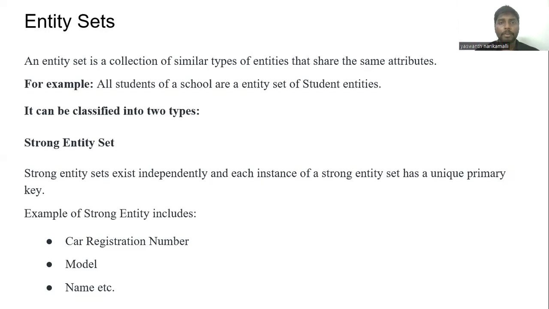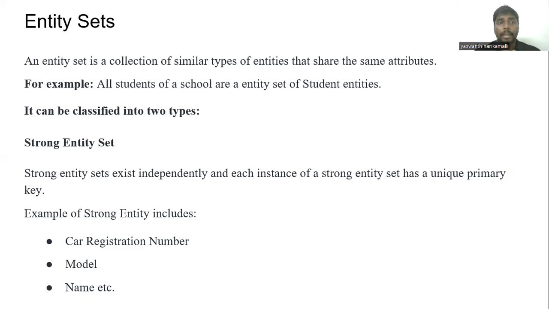Let's say employee is an entity. In an organization, there is not only one employee. We have multiple employees with the same characteristics, like name. Name is a characteristic, employee ID is a characteristic, salary is a characteristic, which department he belongs to is a characteristic.